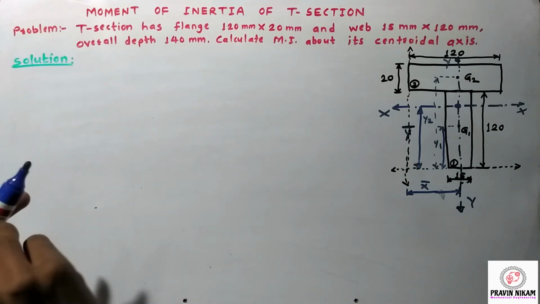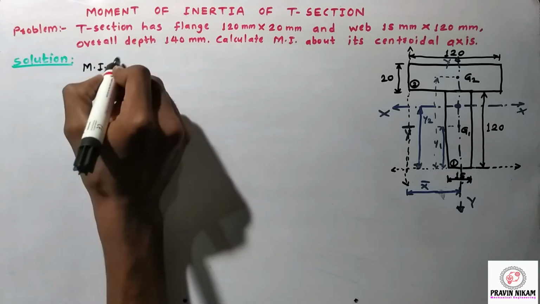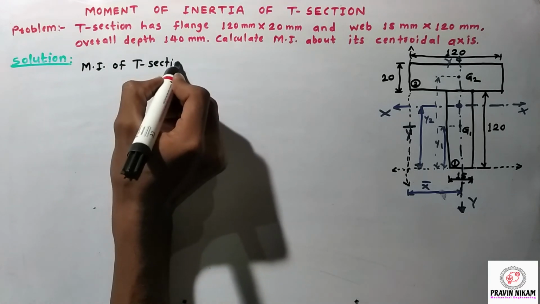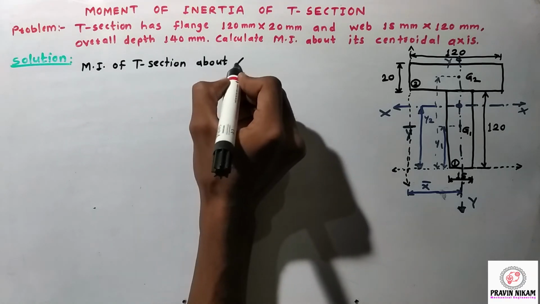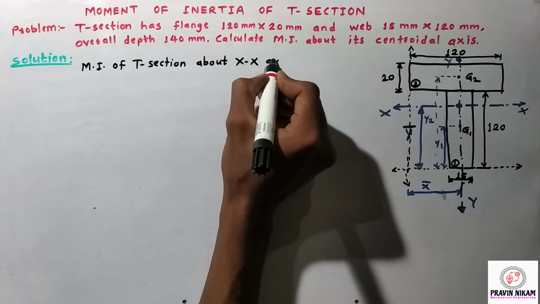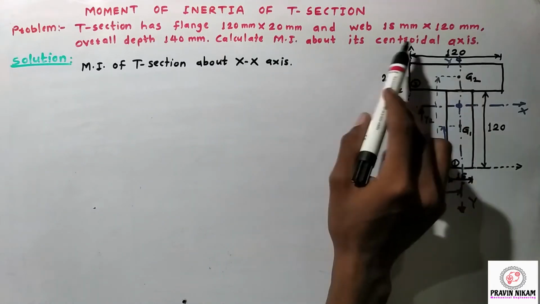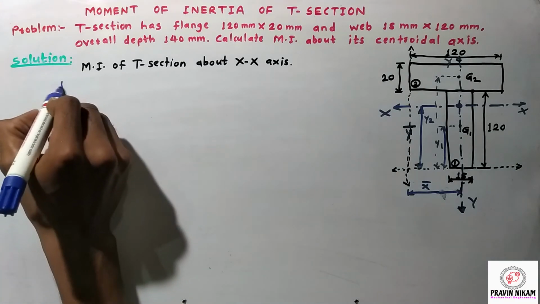Let us see first about the XX axis. The moment of inertia of the T section about the centroidal XX axis. So what is the formula?